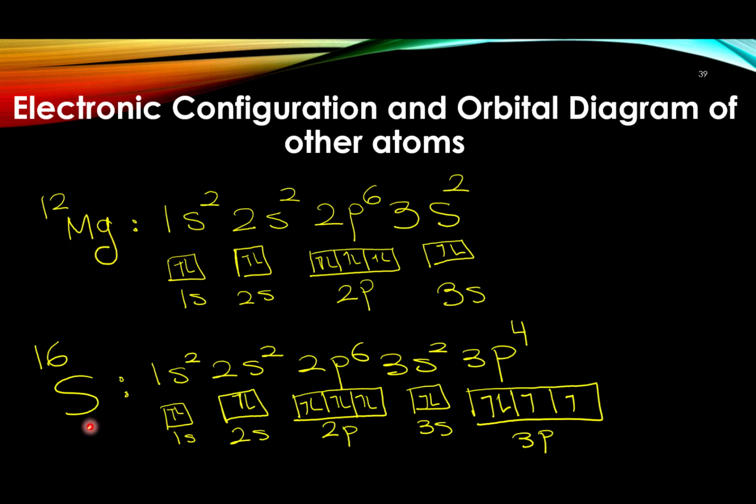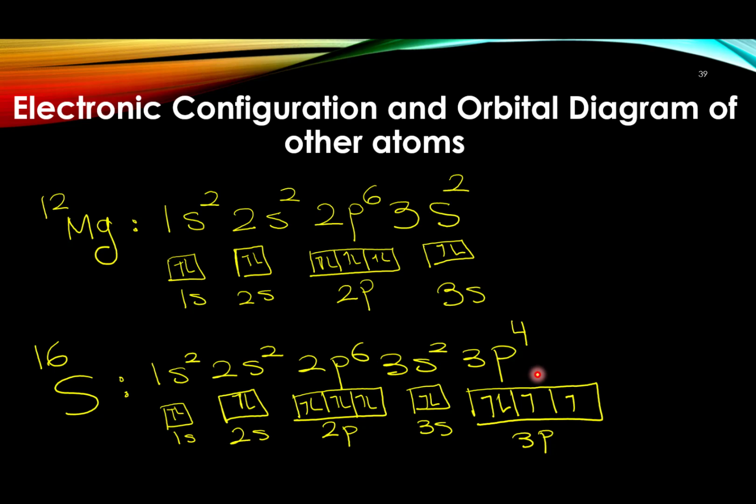And sulfur is a non-metal. Look at the very last subshell that we fill in for magnesium and sulfur. For magnesium, the very last one is 3s2. What about for sulfur? For sulfur, the very last one is 3p4.